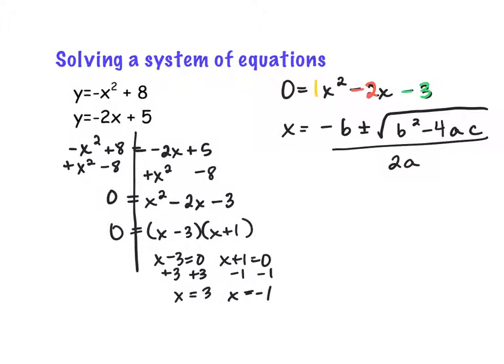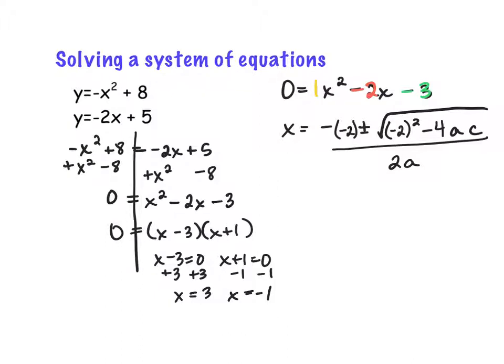So I'm going to take out my b values, and I'm going to put in negative 2. This right here is why I wanted to show you this. When your b value is negative in the quadratic formula, it can cause some confusion because we're going to end up with double negatives.